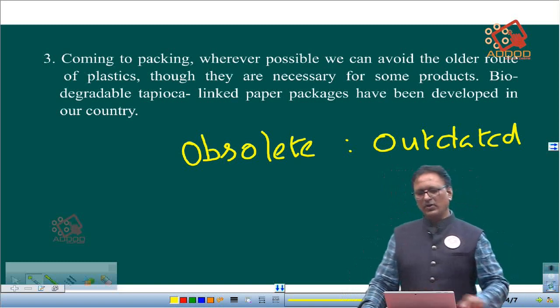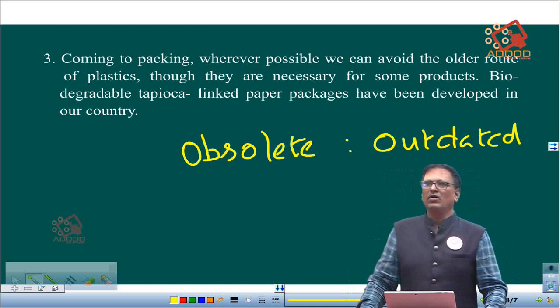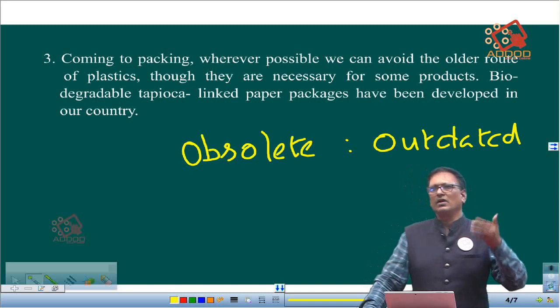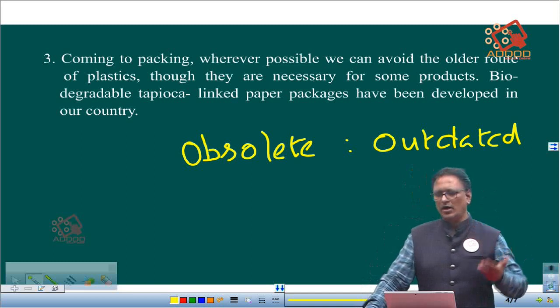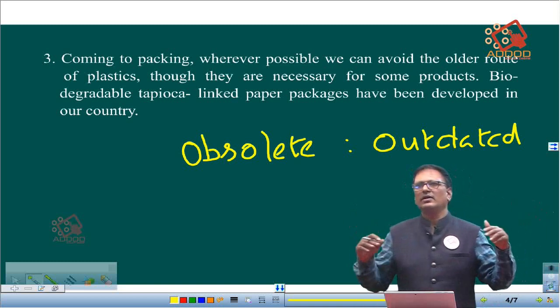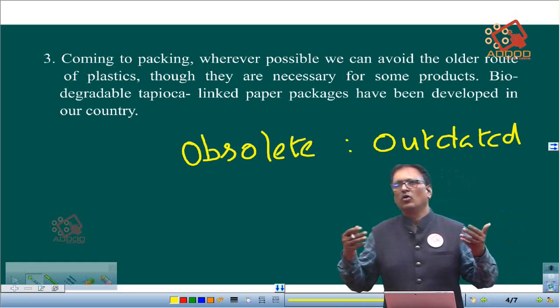And coming to this particular annotation, now why do we talk about all this? Coming to packing, he is talking about the technology. Thus, as long as people think of innovating, creating, discovering, etc., these kinds of ideas come. If you don't think anything, you just sit and do like a robot.